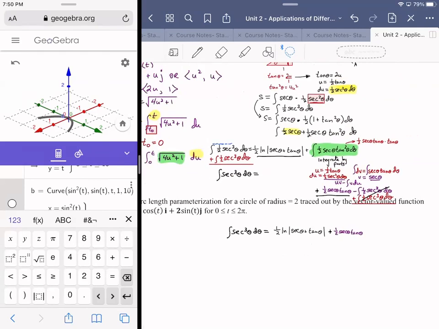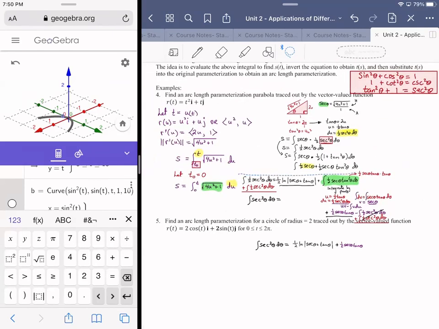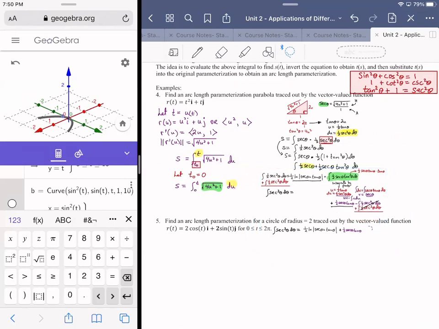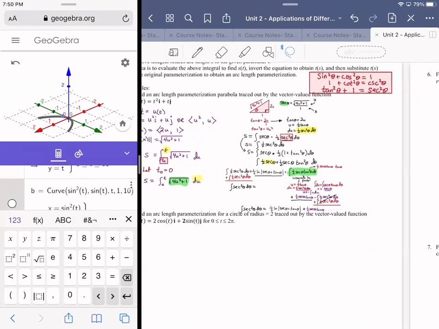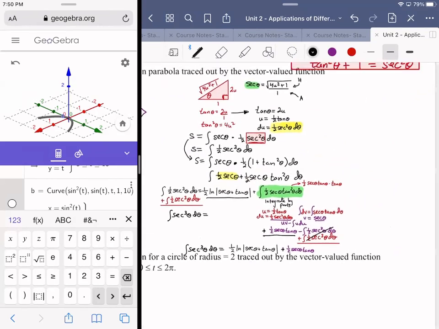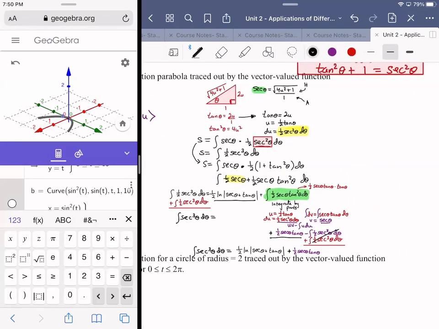All right. So let me resize and move some things over. So this expression here can now be thought of as S equals, well, we got the antiderivative of secant cubed is equal to all that stuff.